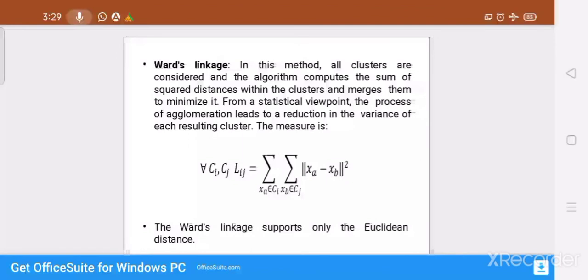Now Ward linkage. What happens in Ward linkage? All clusters are considered, and the algorithm computes the sum of squared distances within the clusters and merges them to minimize it. From a statistical viewpoint, the process of agglomeration leads to a reduction in variance of each resulting cluster.